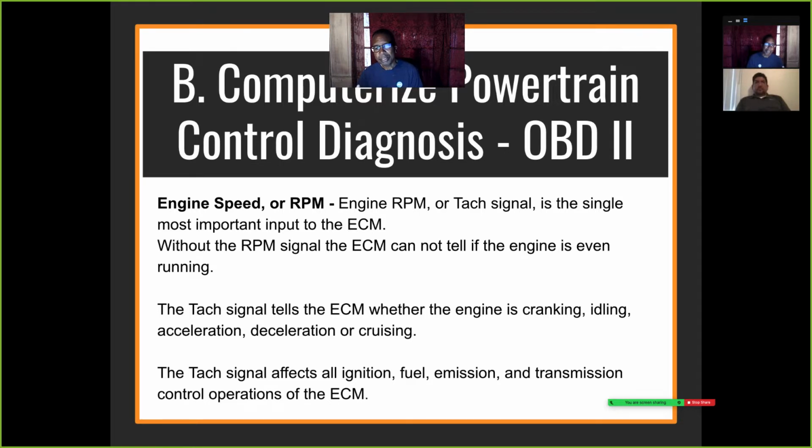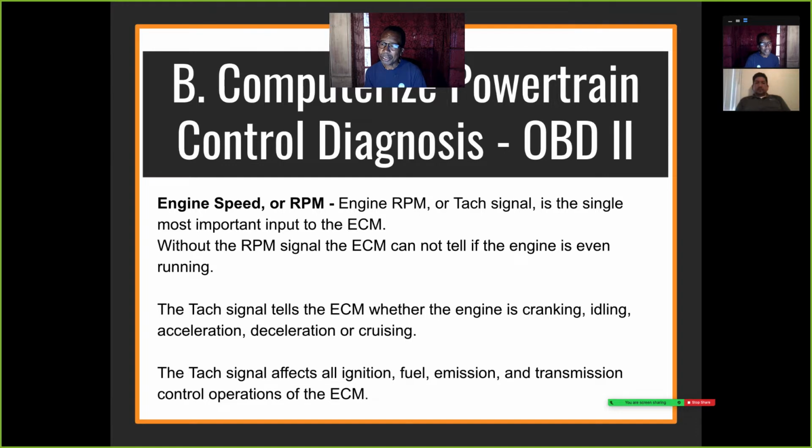So if they give you something on the test about a car that won't start or is acting erratic, remember, it will lose the signal. If you lose the signal to the PCM, it won't start. But if you get an erratic signal to the PCM, or ECM I should say, for the ASE composite vehicle, it will cut out, like a misfire or a surge.